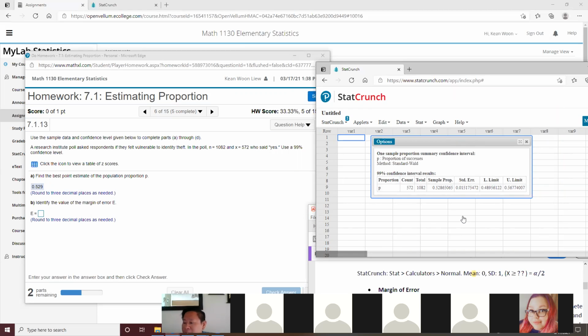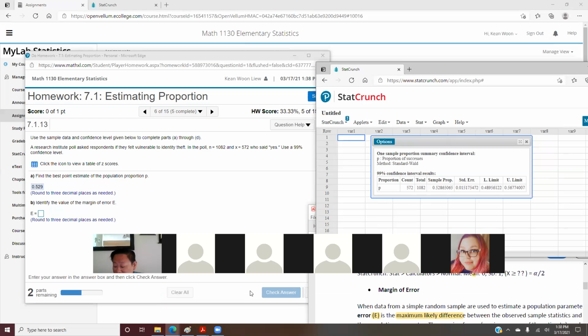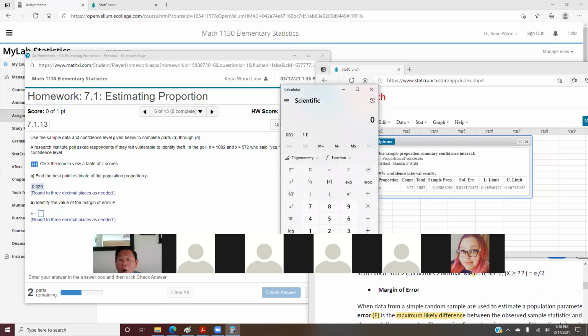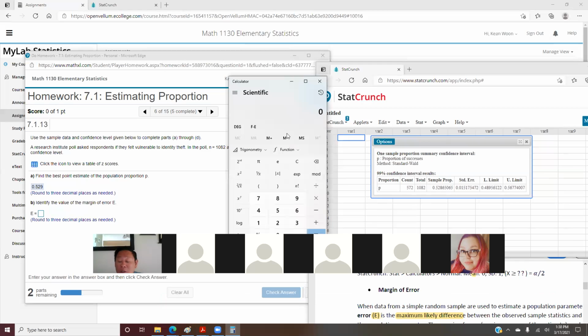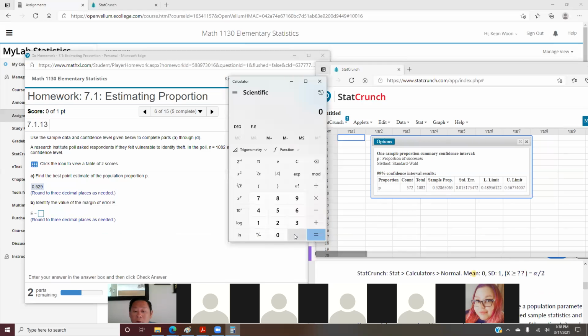Now my question to you is, can you round this number to 0.57 before you calculate this? The answer is no. You actually have to use all the decimal representation here. 0.567740007.